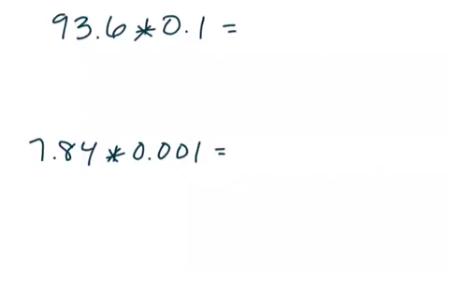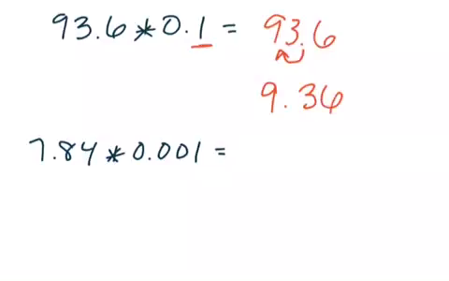So we'll do a couple more examples like this. So now that we've got 93.6, we're going to start with that. We've got 1 digit behind the decimal point, so we're going to do 1 space to the left. So my final answer would be 9 and 36 hundredths, or 9.36. Now this next one, we've got 3 digits behind a decimal point, so we're going to start with that first number.